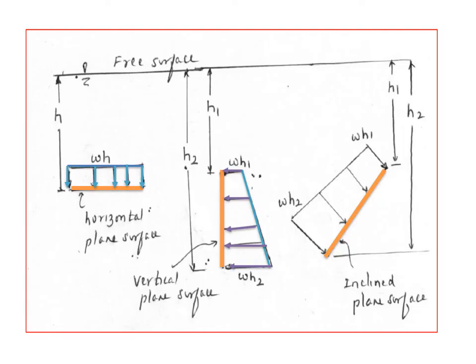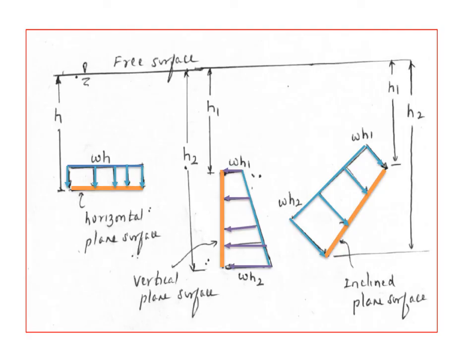Again, the pressure intensity diagram should be normal to the surface, which is shown here. This is how the pressure diagrams are plotted. If you take any problem, you will be able to plot these pressure diagrams. We will make use of these pressure diagrams in solving problems.